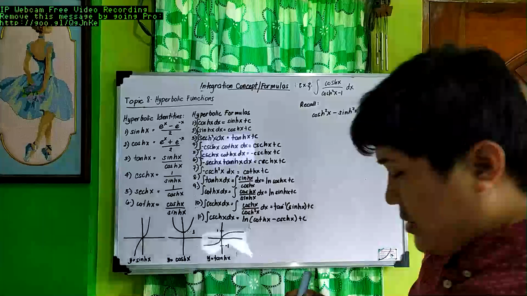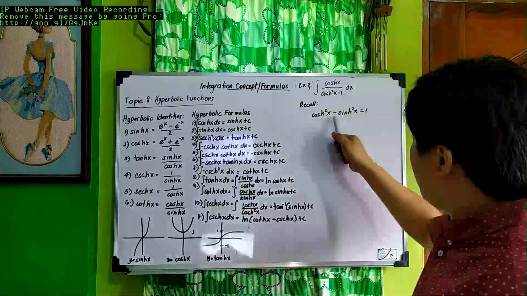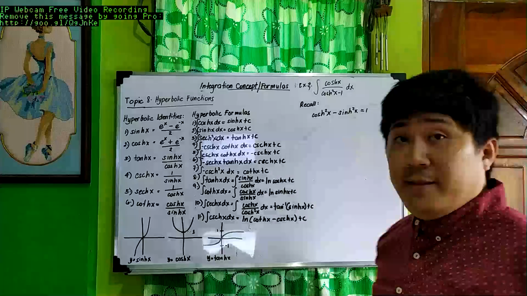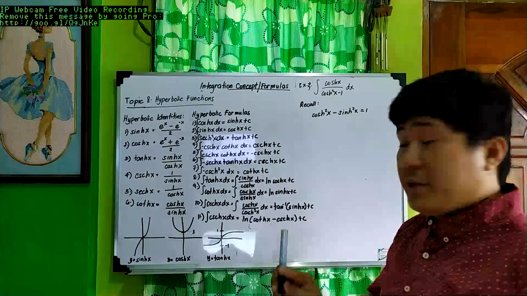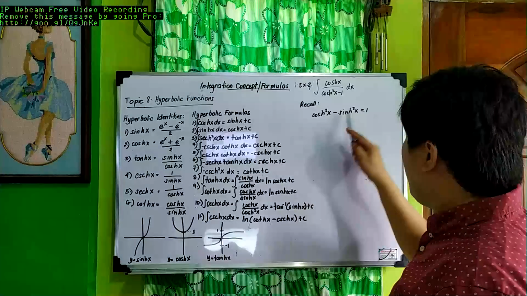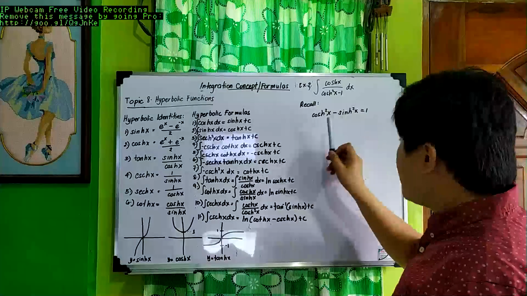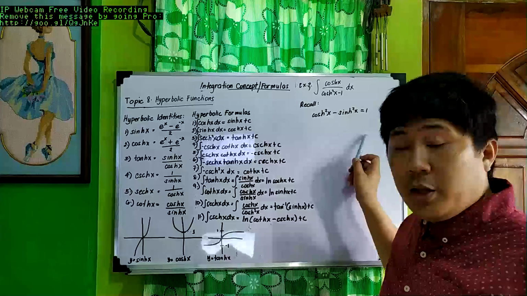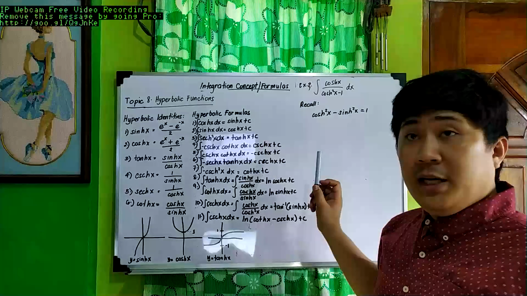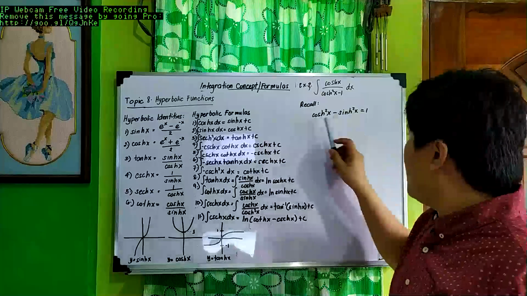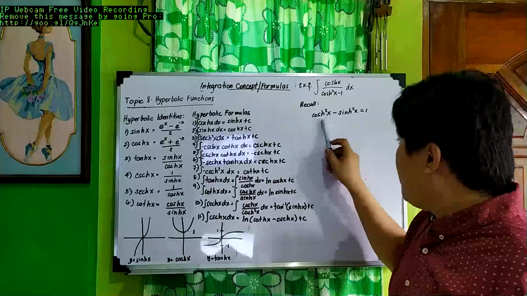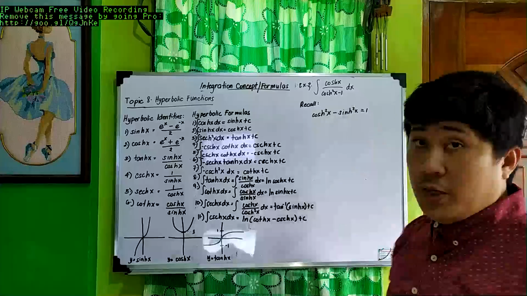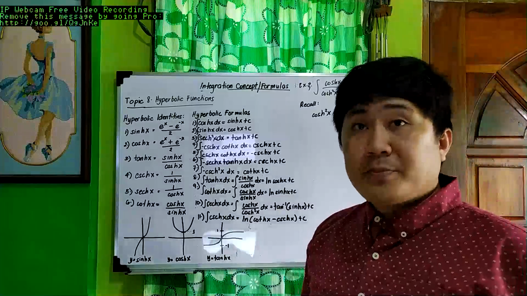If you ask me, sir, why is it negative? Because this is hyperbolic and not trigonometric. In trigonometric, sine squared x plus cosine squared x is equivalent to 1. But in hyperbolic, cosine hyperbolic squared x minus sine hyperbolic squared x is equal to 1.